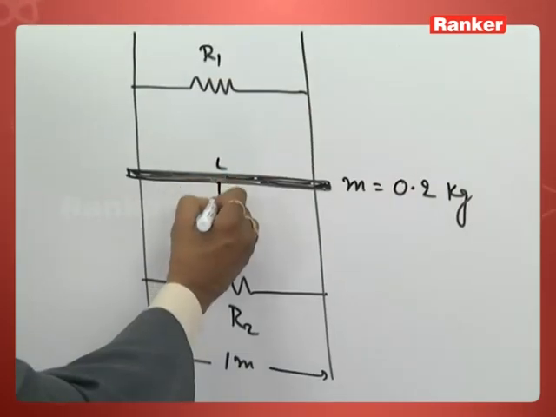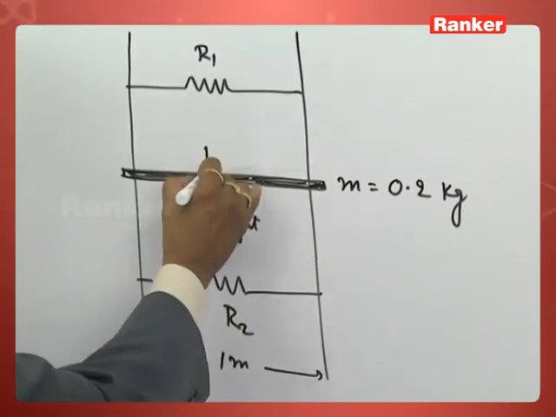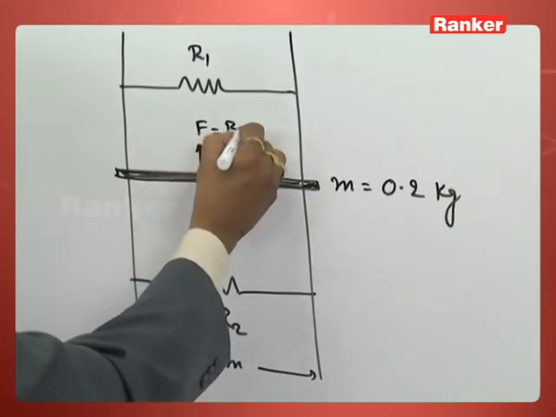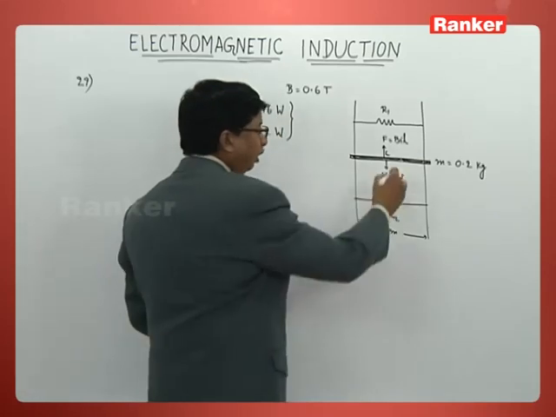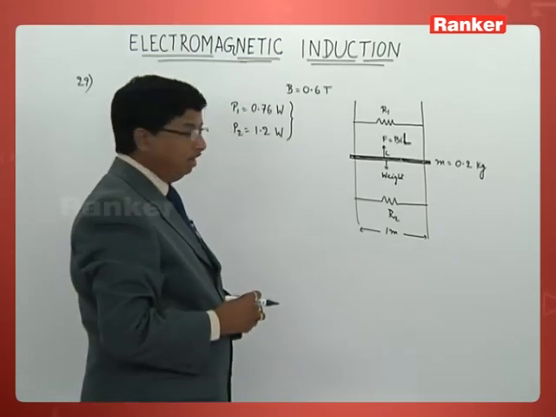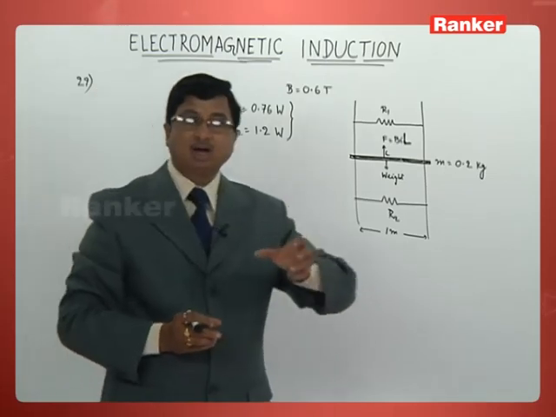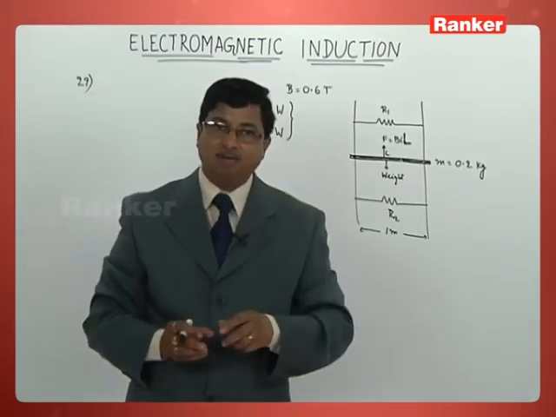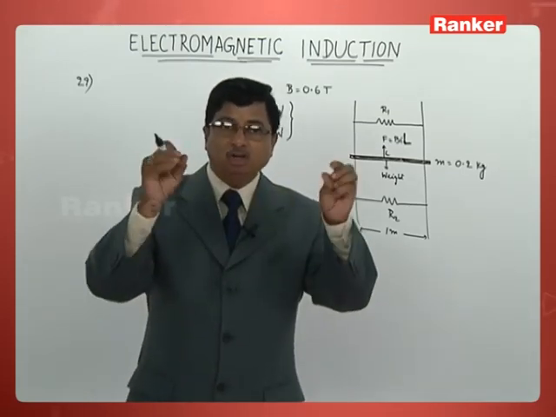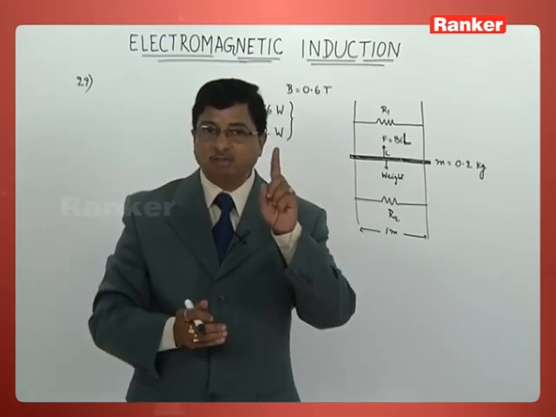Its weight, which is acting downward, and the force due to the magnetic field acting on this rod, which of course is BIL, L being the length of this particular rod. If both are equal and opposite, if both are compensating one another, then only there is a possibility for that rod to have terminal velocity, which means a constant value of velocity.